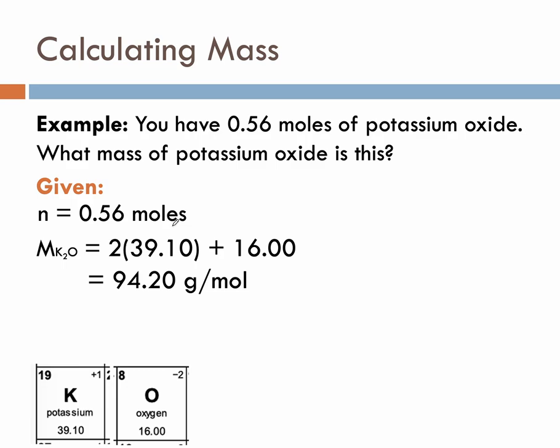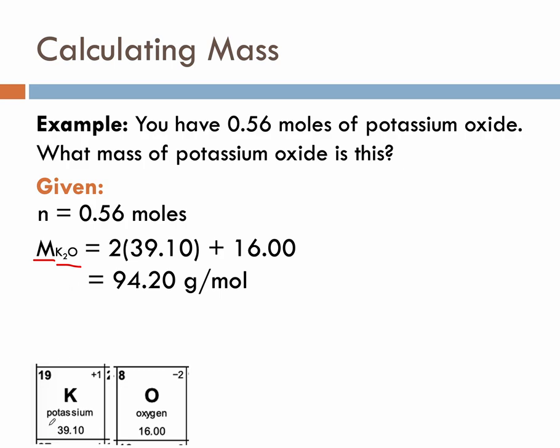So here's how I would write down a molar mass. I'll start by using the symbol, big M, for molar mass. Then, as a subscript, I write down the chemical formula for my compound. Potassium oxide is K2O. I know that because the charge on potassium is +1 and the charge on oxygen is -2. So I can see my chemical formula right there, and that tells me how many of each I need.